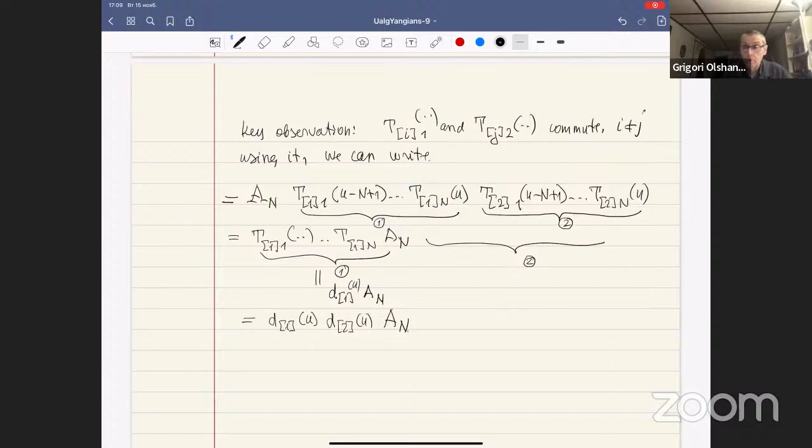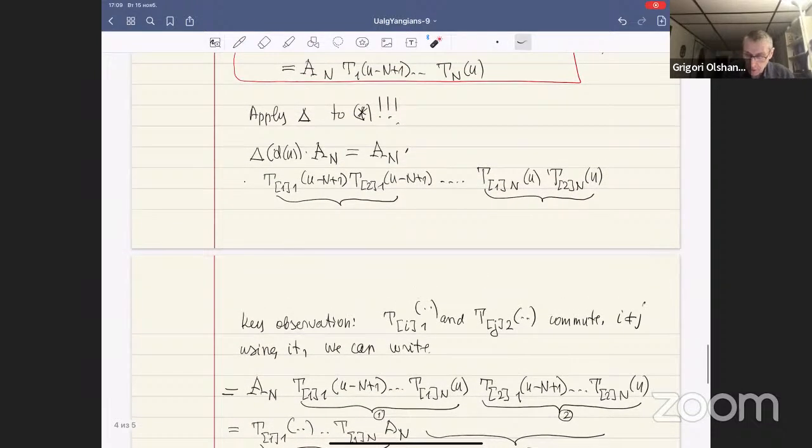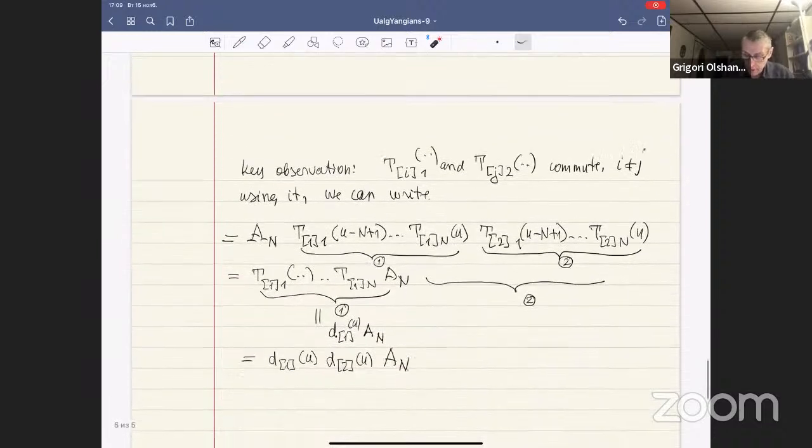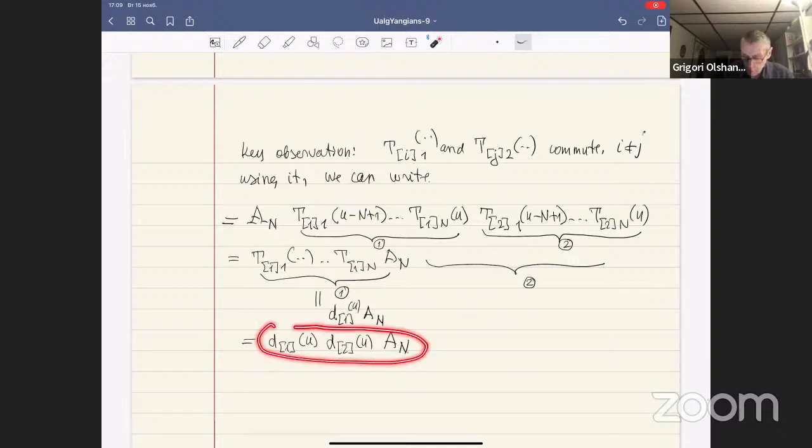And that's all. This is the end of the proof because it shows that we start with this and we arrive at this. So we have again our projection operator multiplied by something, and this something is what we want exactly.